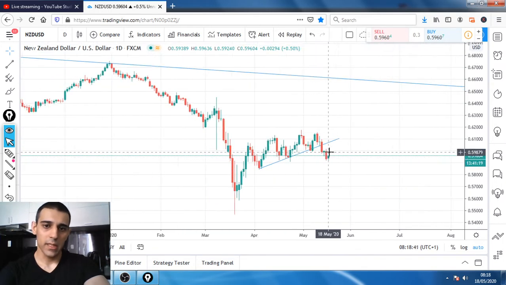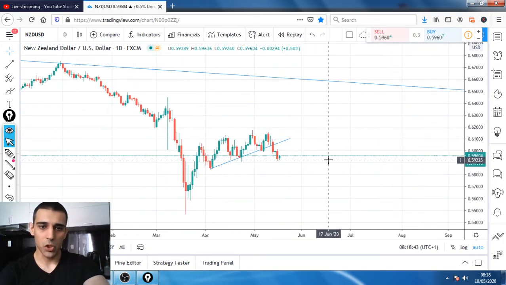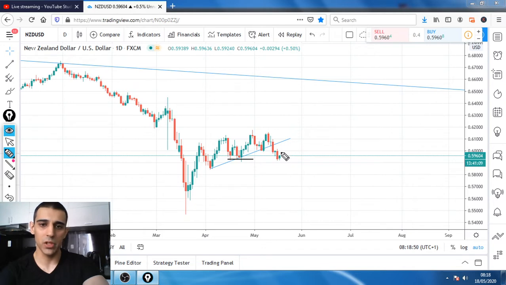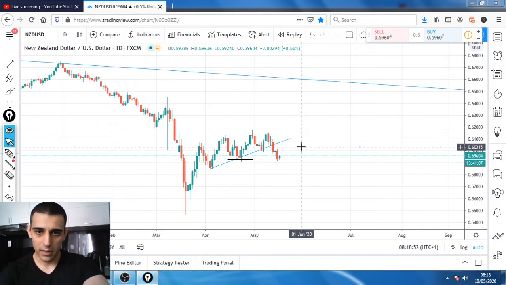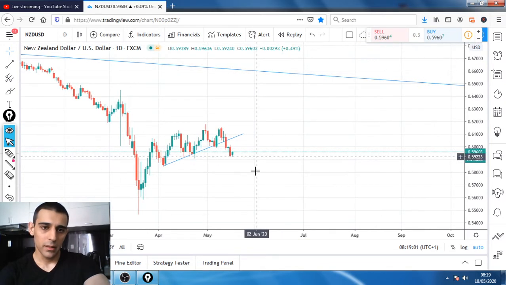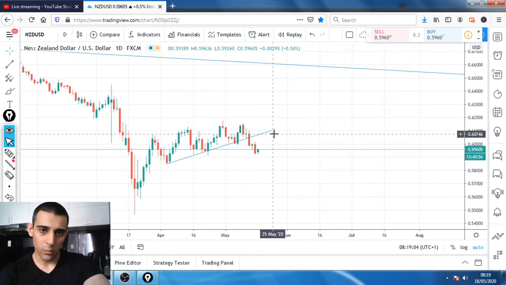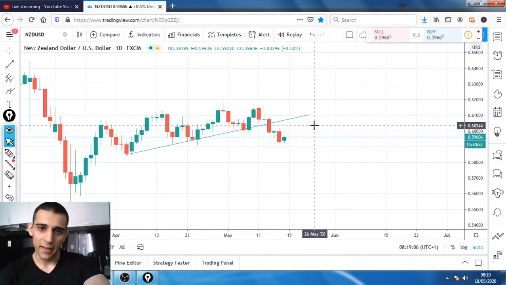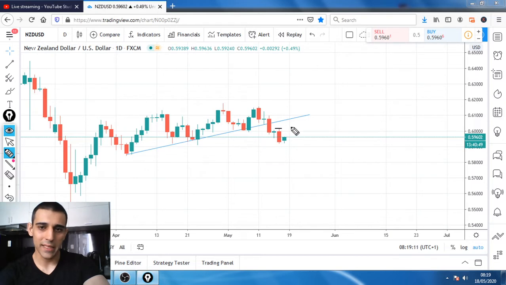So this definitely deserves a shot, but as I said, because the price is on this daily support, price might push even further up. Actually, the ideal stop loss would be above this daily high up here, but that would mean a wider stop loss.